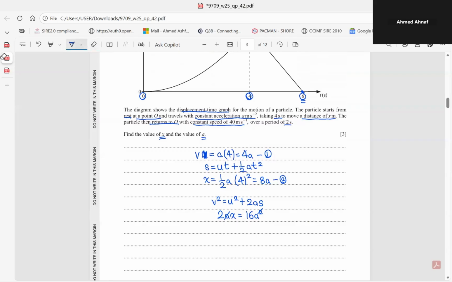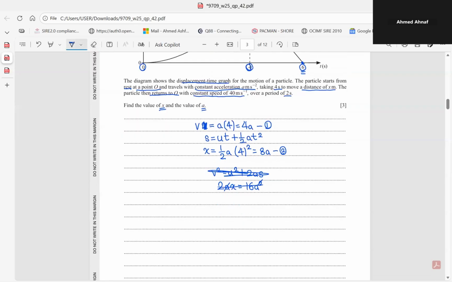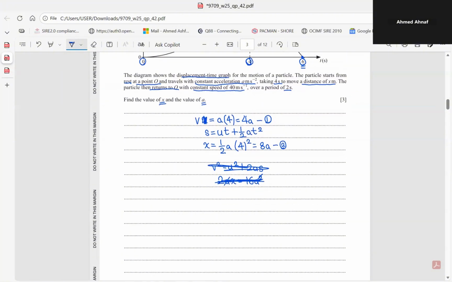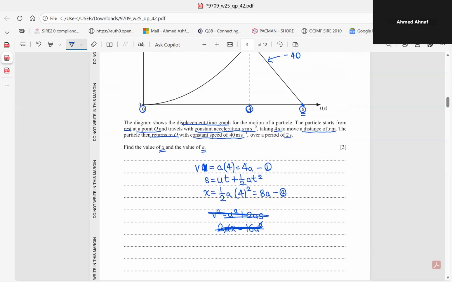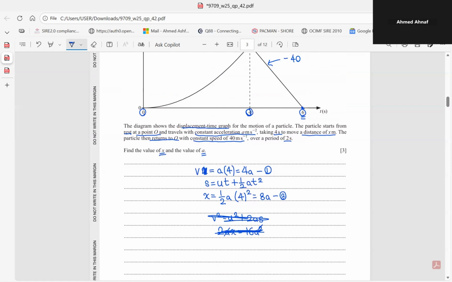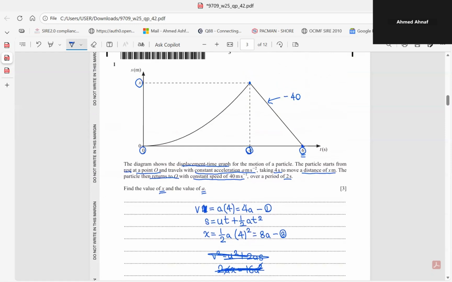Oh wait, sorry. The erase function isn't working. So all right, we have our equations for x. Now, to find a, we know that the gradient here is -40. To find the gradient, we need the x and y coordinates of this point as well as this point.